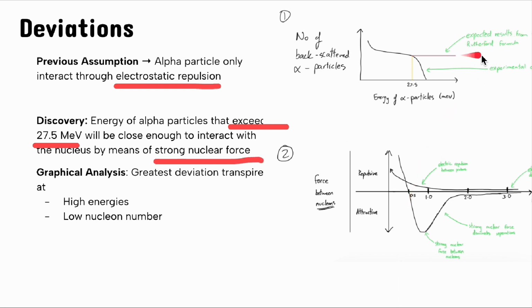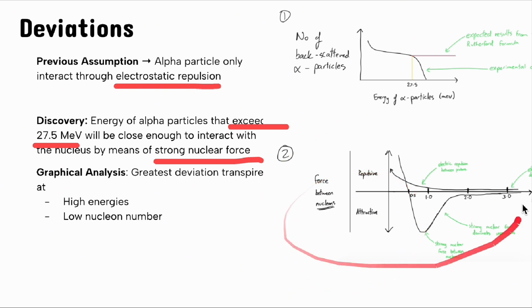These are the expected results from the Rutherford formula, as represented by this red line. However, if the alpha particle is able to acquire an energy of 27.5 mega electron volts, it ends up here. So this is an experimental observation, and let's move on to the graphical analysis.